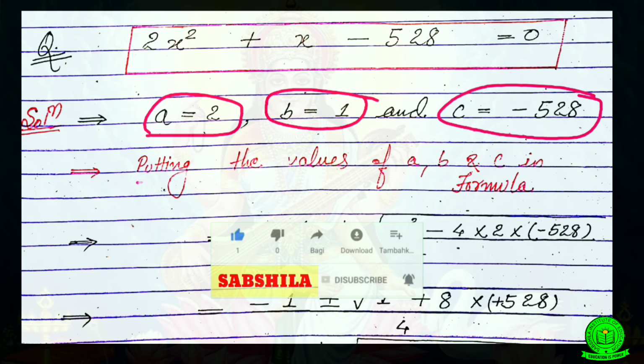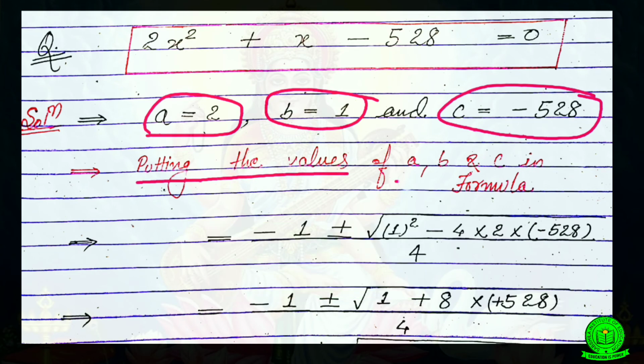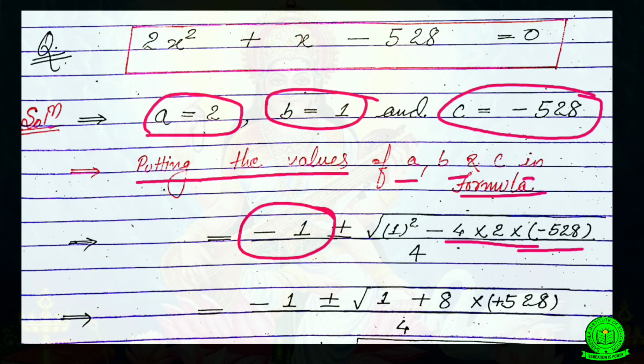So let's put the values of a, b, c in the formula. The formula is minus 1 plus minus under root 1 square minus 4 into 2 into minus 528, divided by 2 into 2, which becomes 4. Okay, solve.